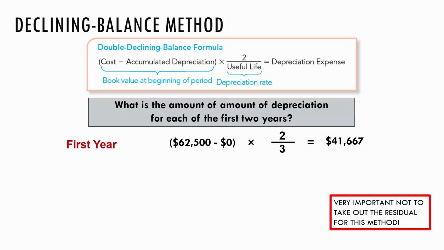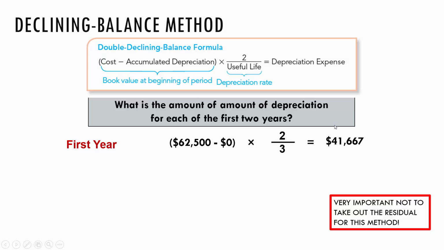For the first 2 years, then, this again is not residual. It is actually the accumulated depreciation on the asset. Since no depreciation has been taken, it's 0 in the first year. So 62,500 times 2, and it's 3 for the 3 years, so 2/3 of that is 41,667.